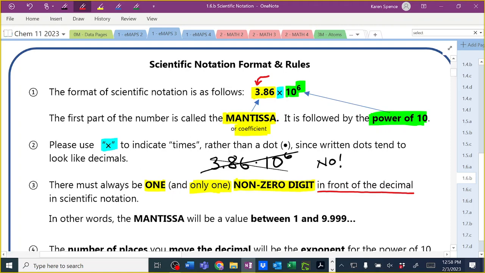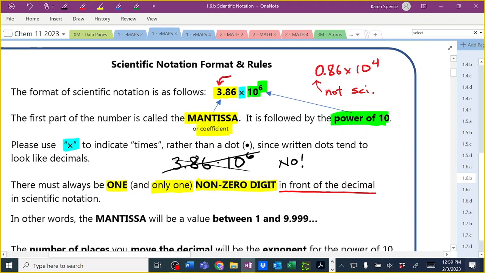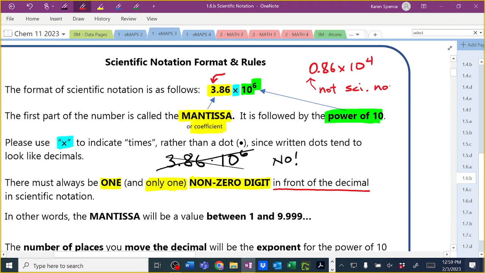We could not write 0.86 times 10 to the 4. This would not be scientific notation, because you cannot have a 0 in front of the decimal.